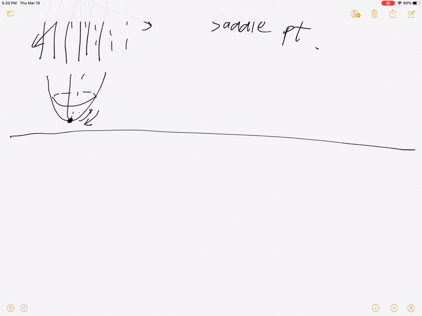Can we have some convenient way to test if a critical point is a local maximum or minimum without drawing pictures or without actually computing the values nearby? So the question, the answer is yes.